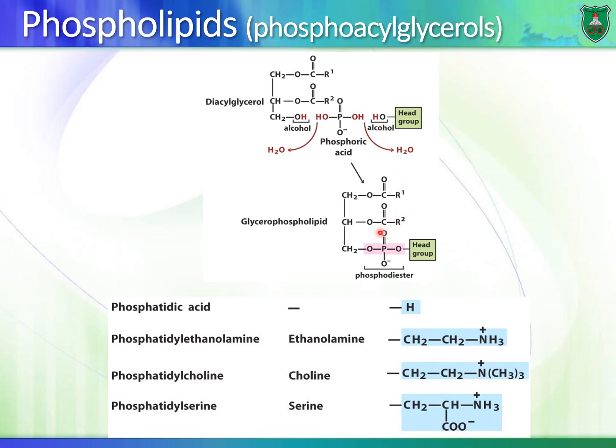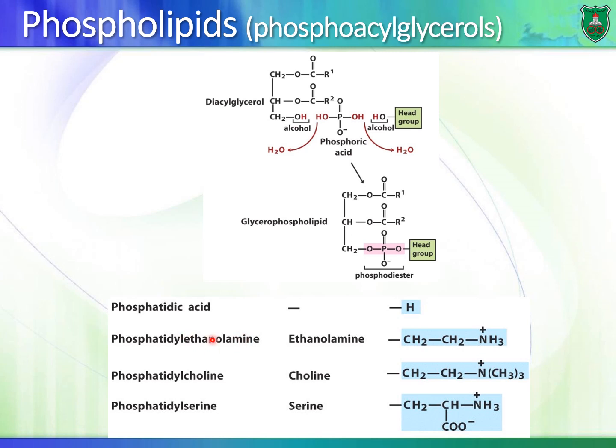Now, if there is a phosphate only with no group, it's known as phosphatidic acid. So if I tell you what is the simplest glycerophospholipid, you say it is a phosphatidic acid.